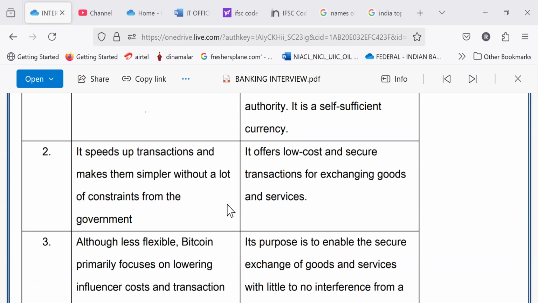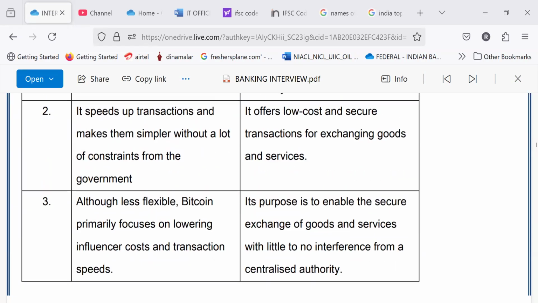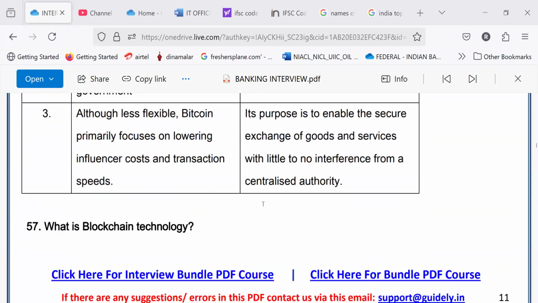Whereas cryptocurrency offers low cost and secure transactions for exchanging goods and services. Although less flexible, Bitcoin primarily focuses on lowering costs and transaction speeds, whereas cryptocurrency's purpose is to enable the secure exchange of goods and services with little to no interference from a centralized authority.